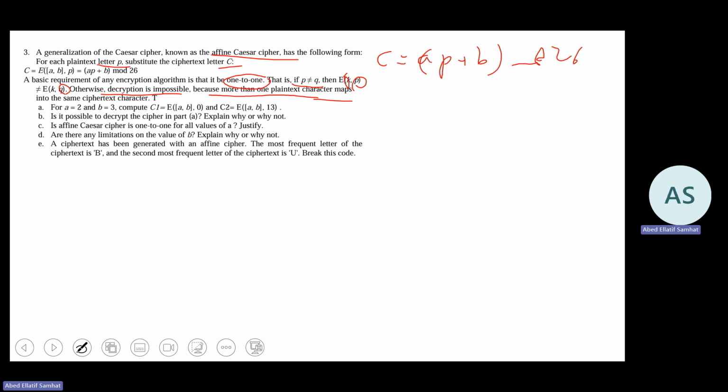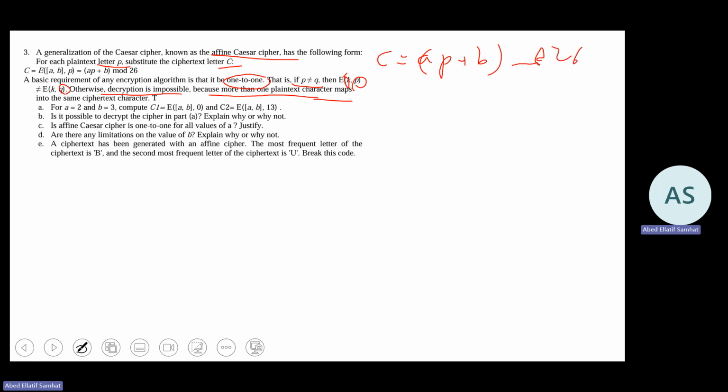It's very clear. In case we have more than one plain text that results in the same ciphertext, if you want to decrypt, it will be impossible to know which one. So that's why the relation should be one-to-one.